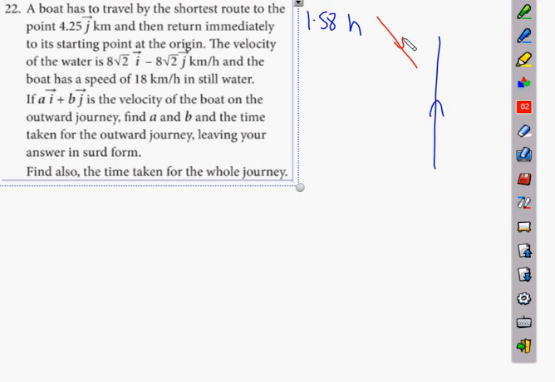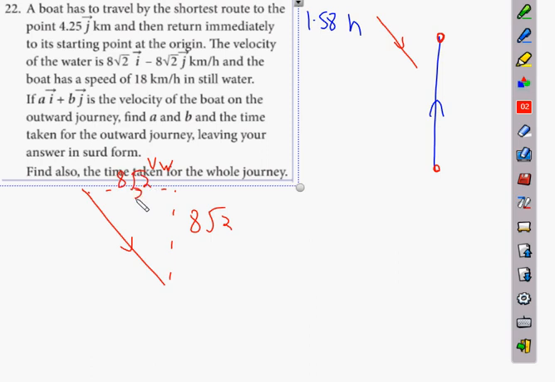Are we expecting a faster time on the way down or a slower time on the way down? We want a faster time on the way back. So now we're located here and we're wishing to go directly south. Now, as before, this one here is the velocity of the water. It once again has two components, 8 root 2 and 8 root 2.